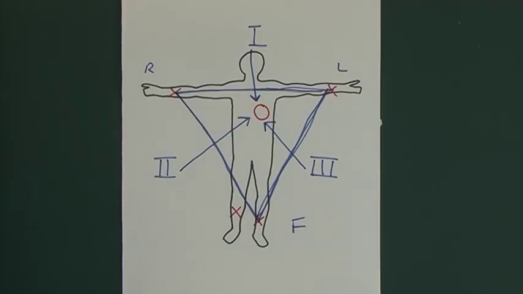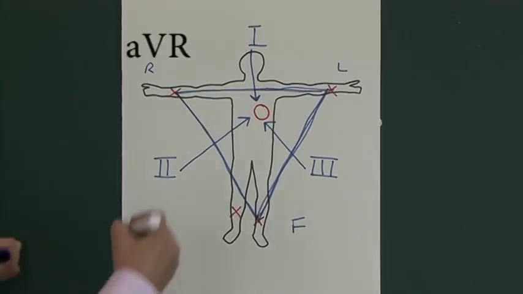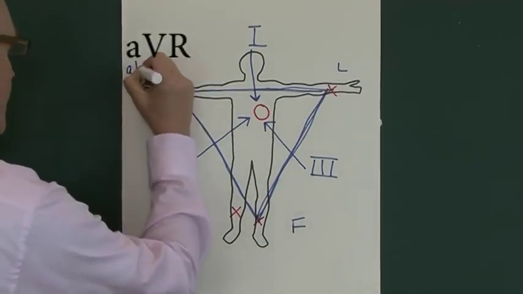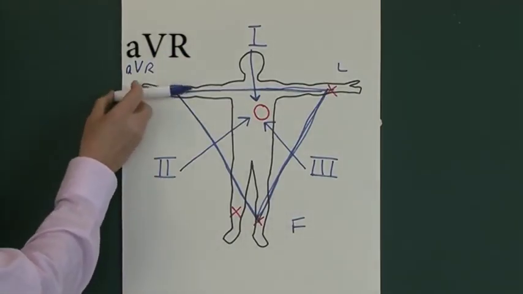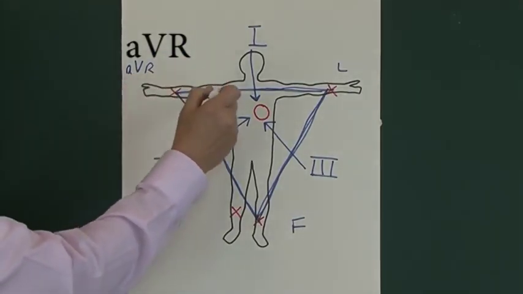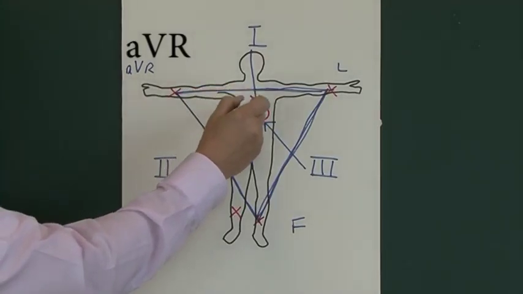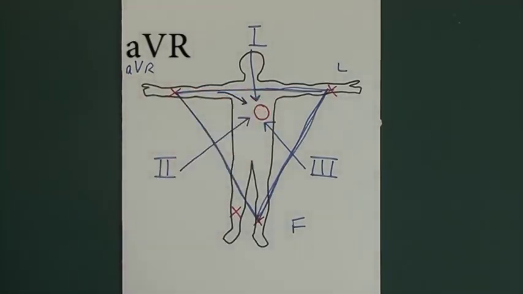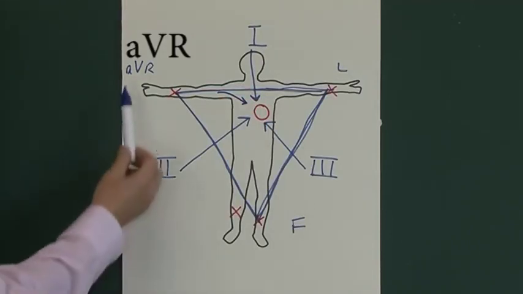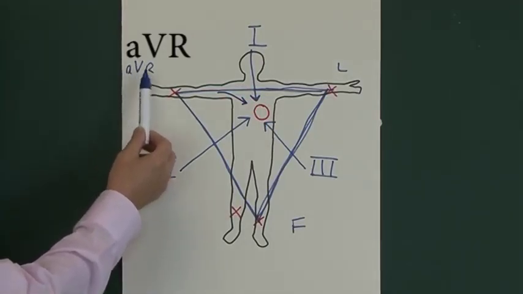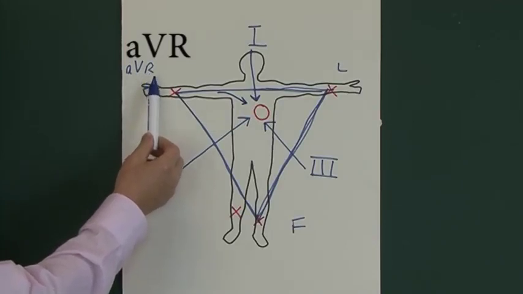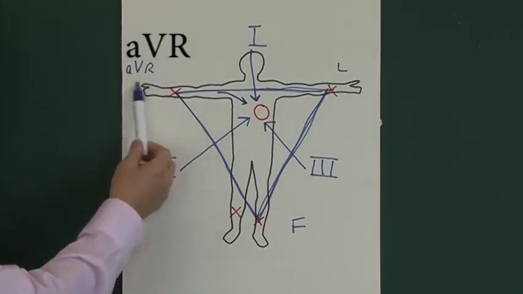Now the next view is AVR, and AVR is looking at the heart from the right arm. So it's essentially looking at the heart in this direction. So again, that's another view. Now the AV stands for augmented voltage right, because again the machine is adding a bit of voltage to this.